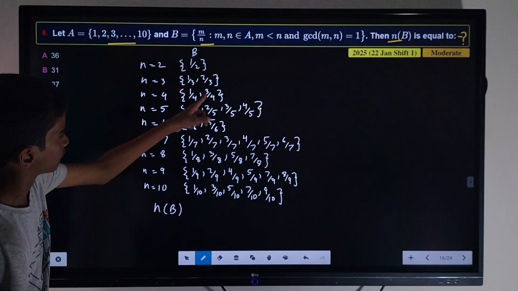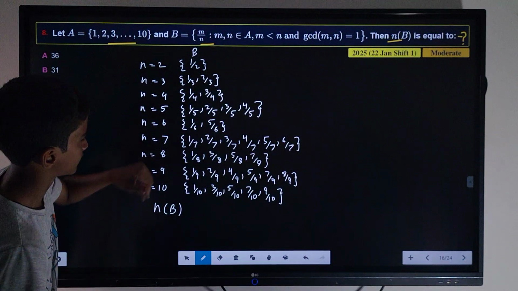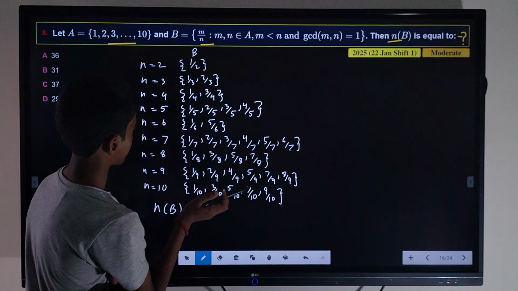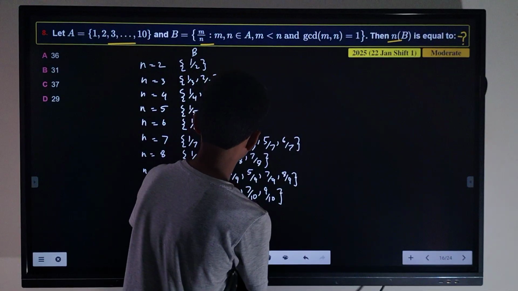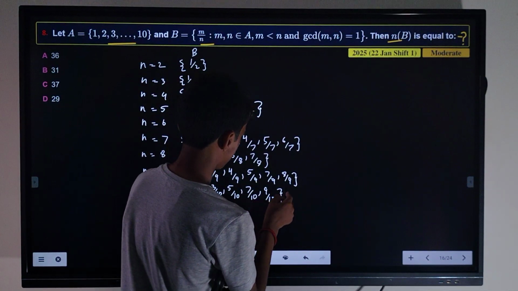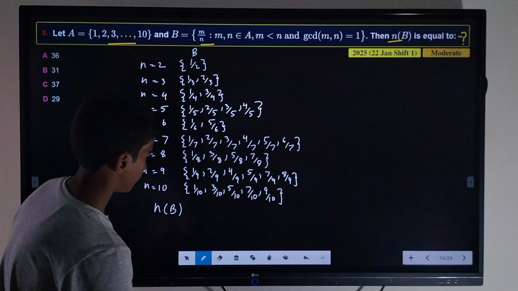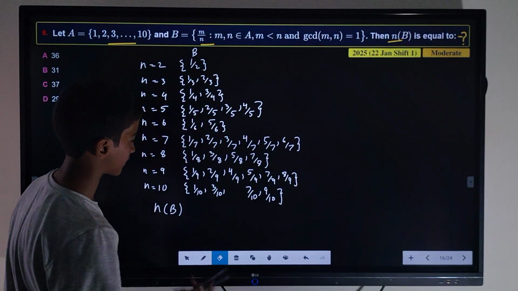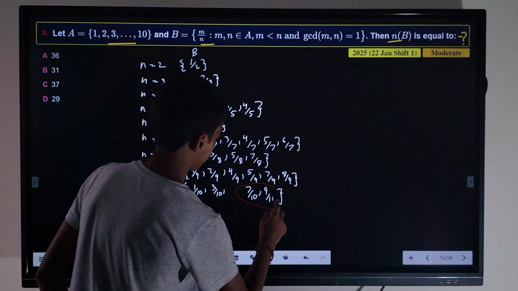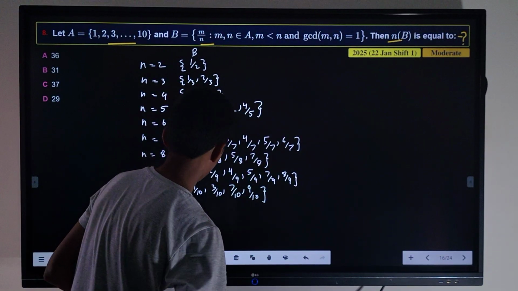Counting again, we get up to 19. Yes, here we have made a mistake. Here we are not getting 5 upon 10. We are getting 1 upon 10, 3 upon 10, 7 upon 10, and 9.